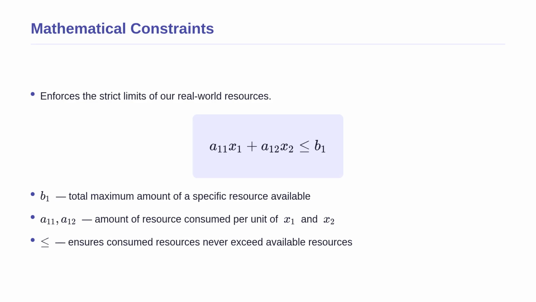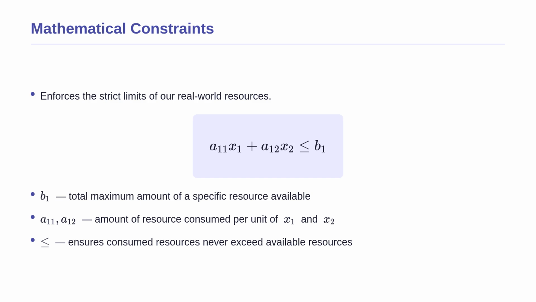After defining our goal, we must define our limits using mathematical constraints. This formula enforces the limits of our real-world resources. The symbol B1 represents the total maximum amount of a specific resource available, such as the total kilograms of flour in a bakery.